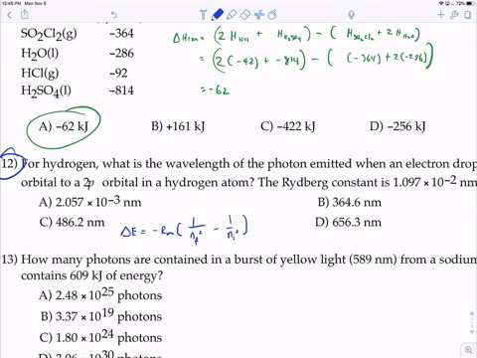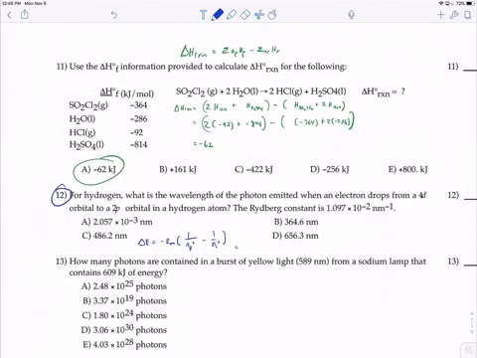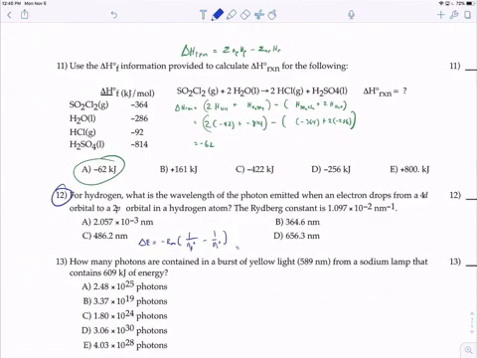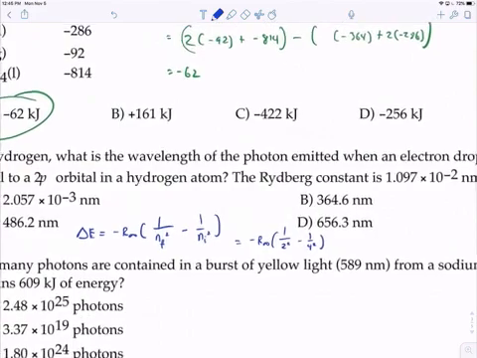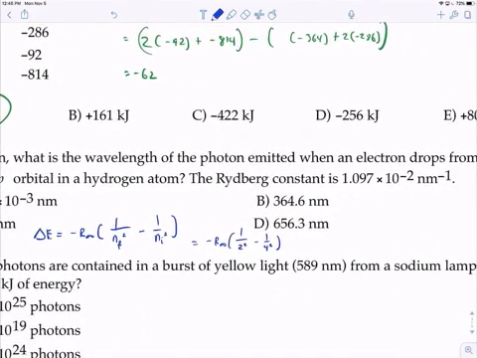So the transition is 4d to 2p. So this is going to be minus the Rydberg constant times 1 over 2 squared minus 1 over 4 squared. So it's 1/4 minus 1/16.